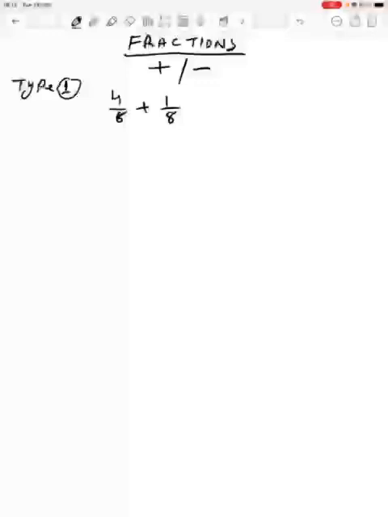If the denominators are the same, all you have to do is add the numerators together. 4 plus 1 is 5, 5/8. That's the answer. And if it was a takeaway sum, then it'll be 4 take away 1 is 3. Answer will be 3/8.